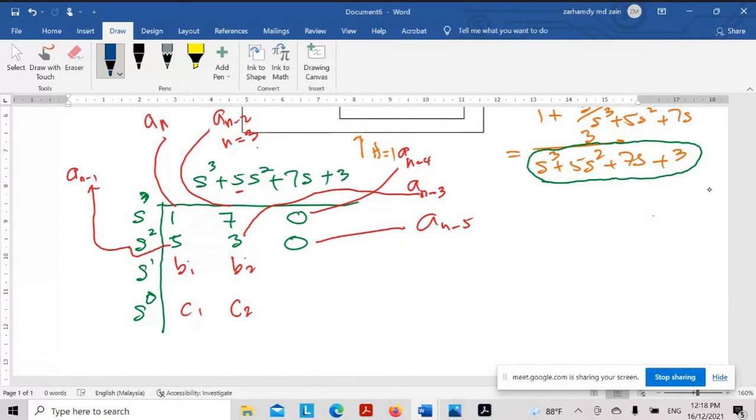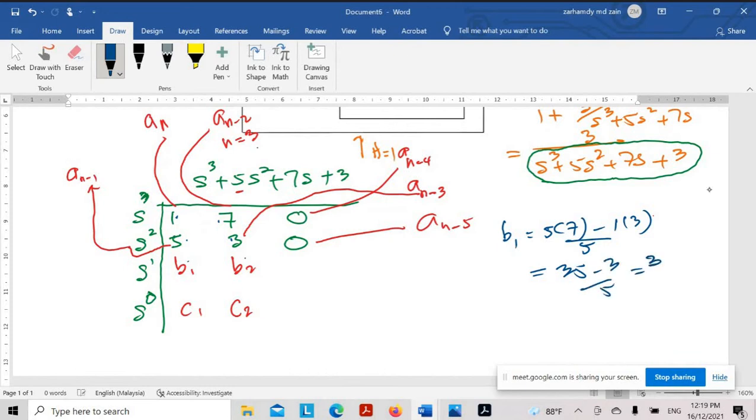So the formula for looking for the value of B1 is equal to 5 multiplied by 7 minus 1 multiplied by 3, over 5. So we have 35 minus 3 over 5.